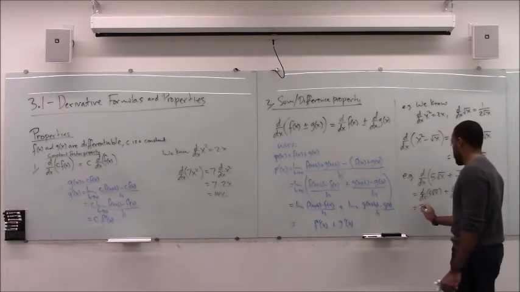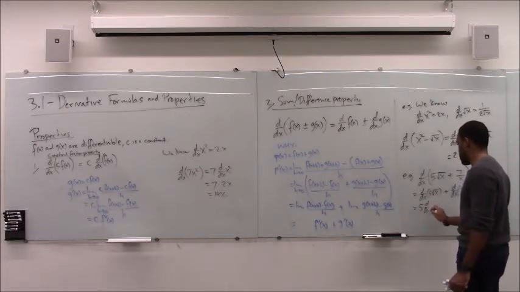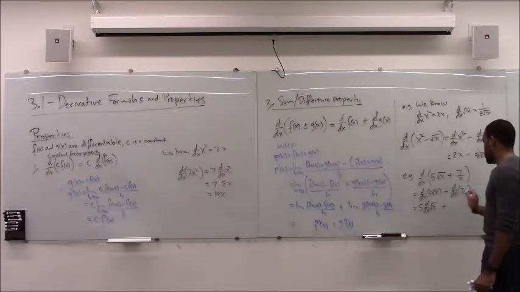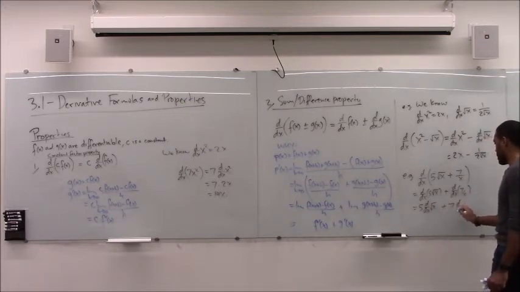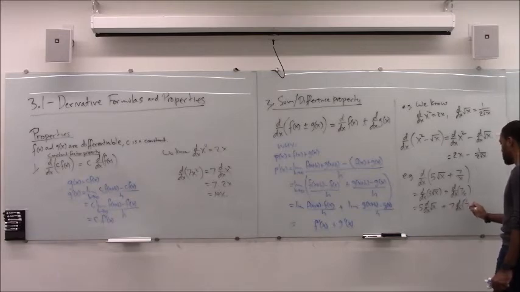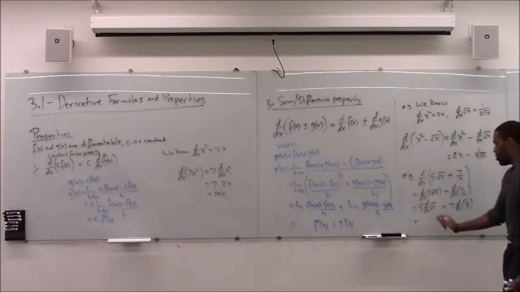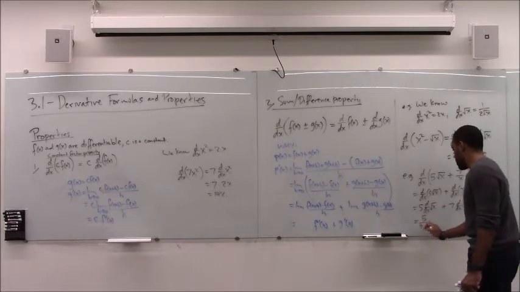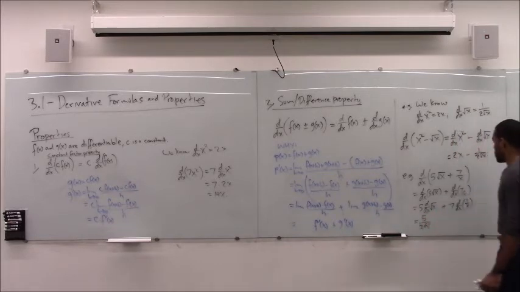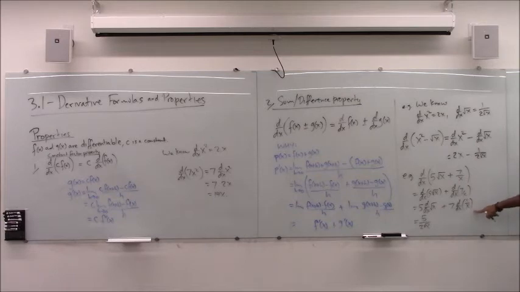Here I can factor out the 5, that's 5 times the derivative of the square root of x. Here I can factor out the 7, that's 7 times the derivative of 1 over x. And so this is going to be 5 over 2 radical x. What's the derivative of 1 over x? We also derived that.